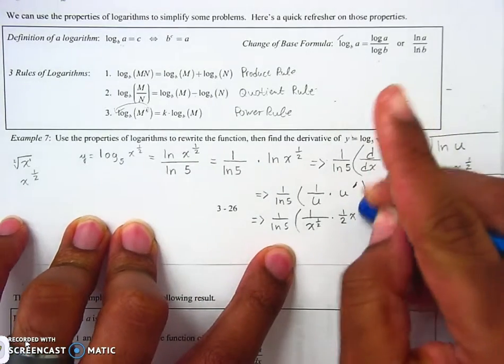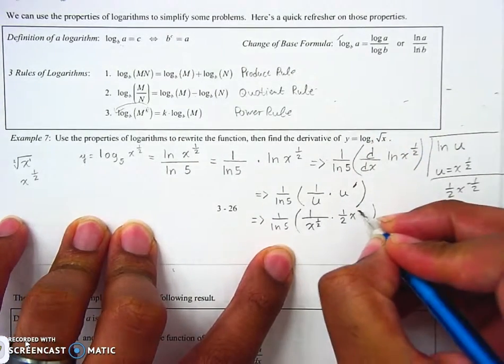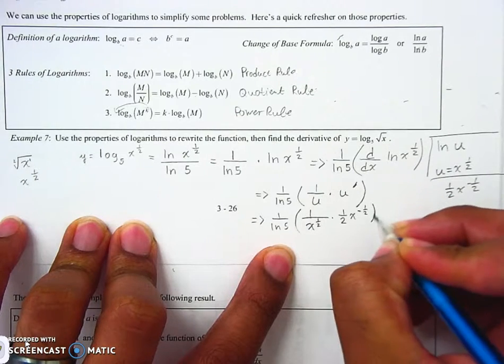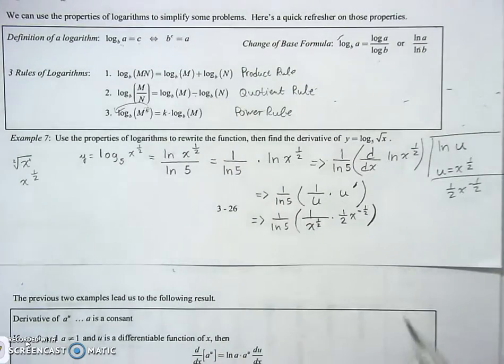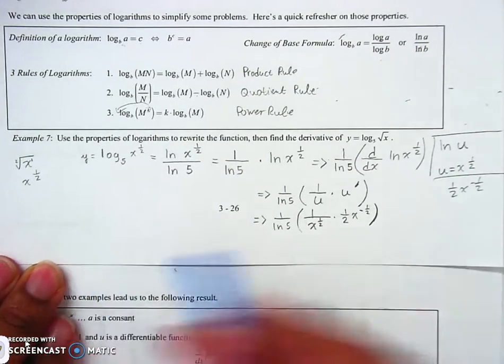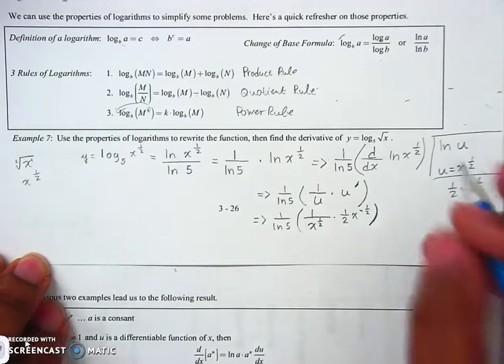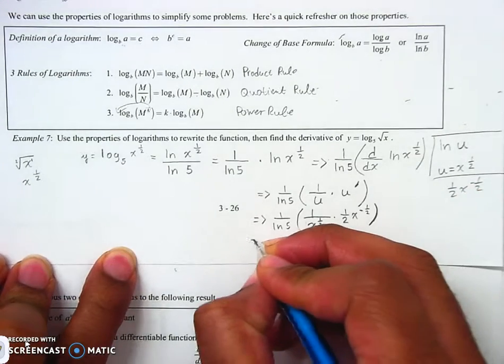Sorry, my fault, guys. You can leave it like that, but as mathematicians, we like seeing simple stuff, not messy and nasty. So let's simplify it down. I'm going to do that over here on this side because I ran out of space.